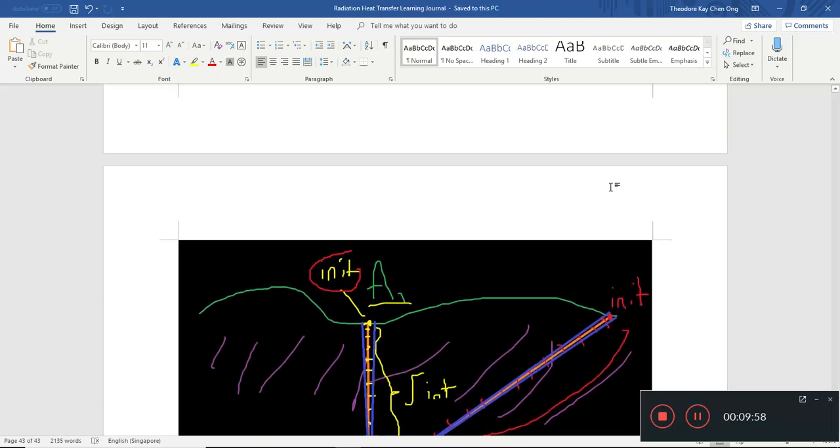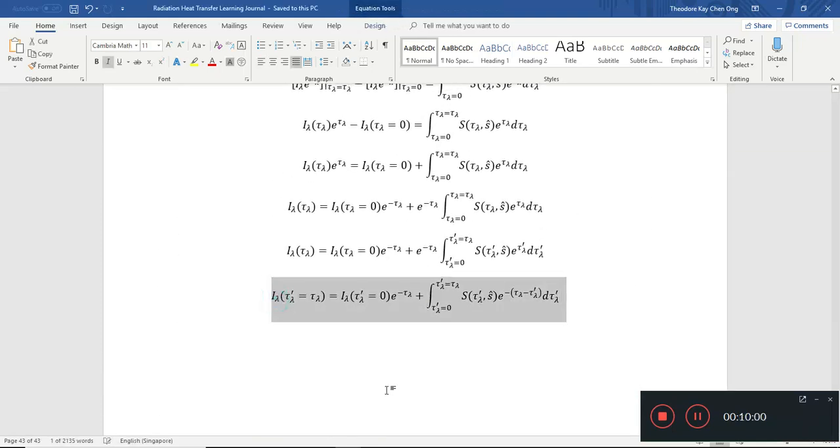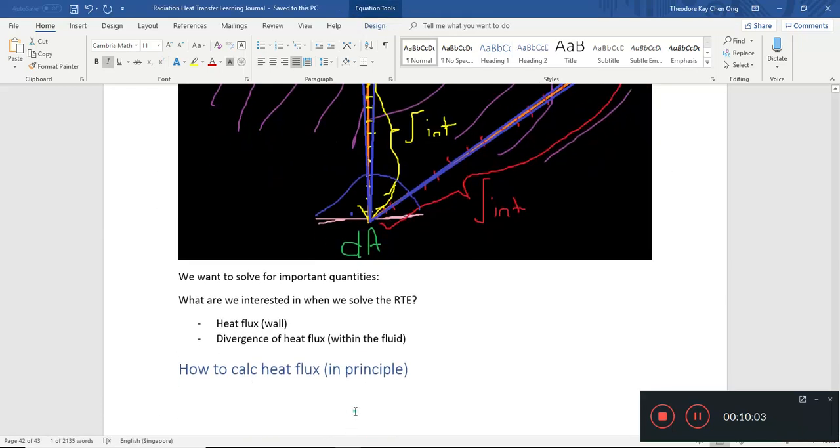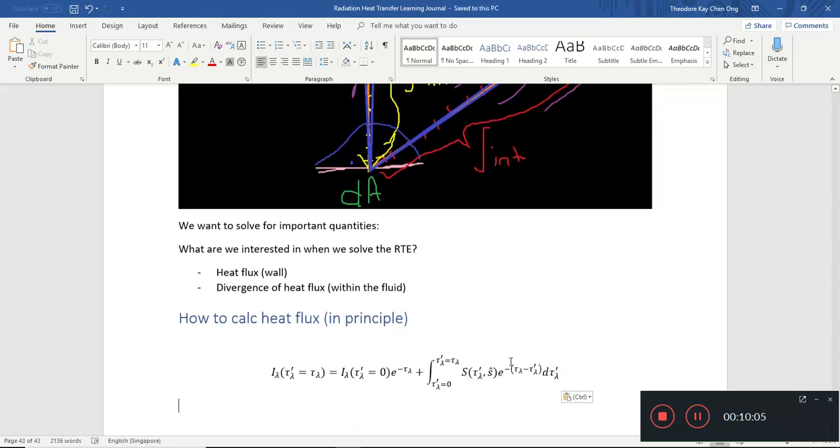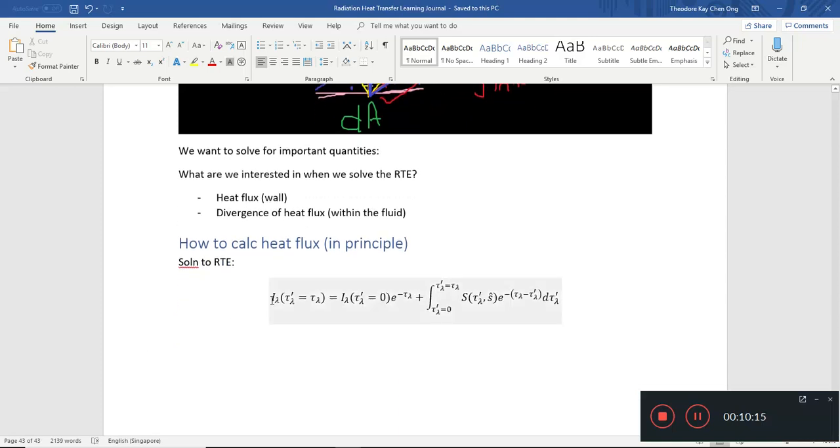Because we already have this intensity field here, to help us solve the radiation transfer equation. This is a solution to RTE. But this tells us nothing directly of the heat flux. So how do we relate this intensity to heat flux?